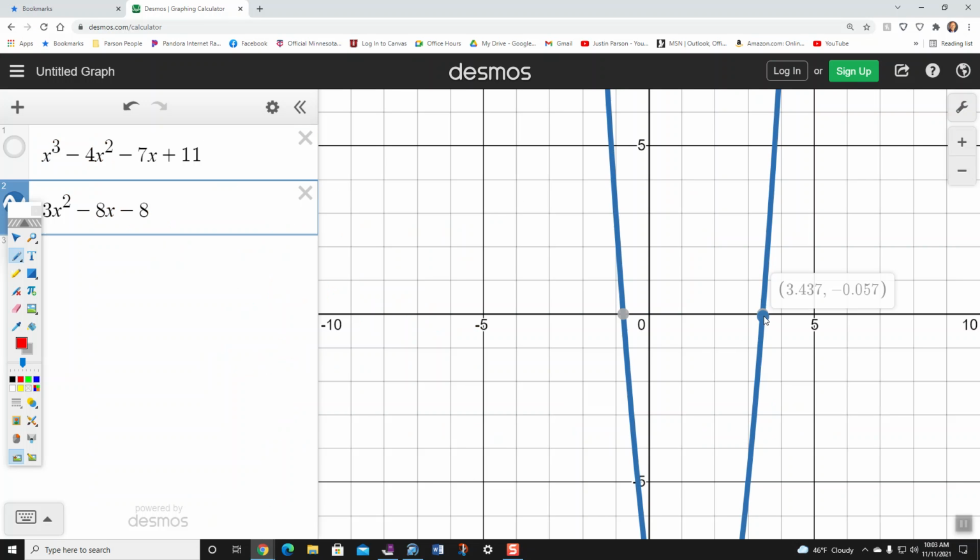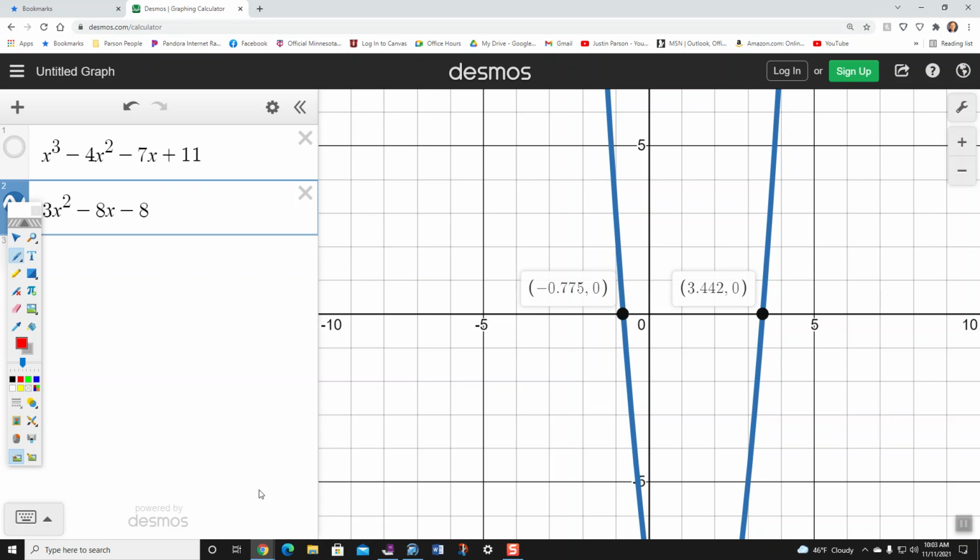And I have zeros at that value and at this value, right? Where's a function greater than 0 at? Well, you tell me, the derivative is greater than 0 everywhere above the x-axis, right? So wouldn't that be for x values left of negative 0.775 and right of what? 3.442. Okay.